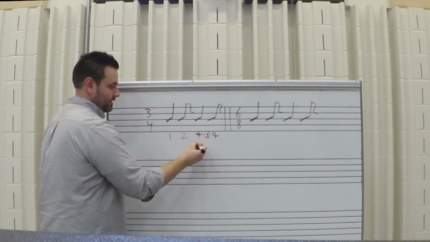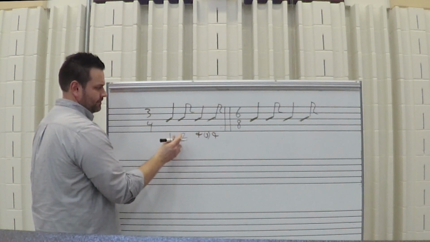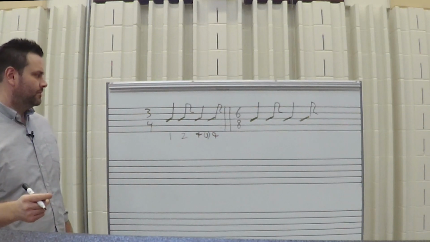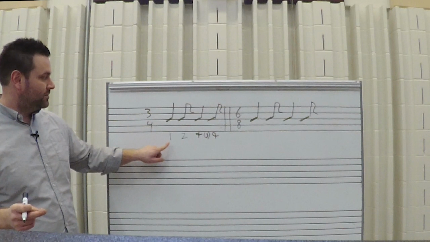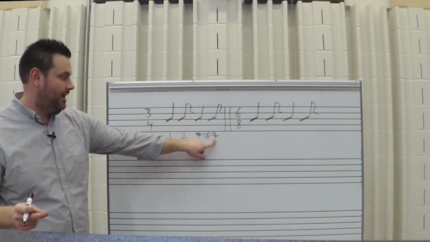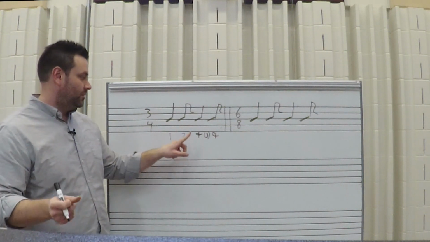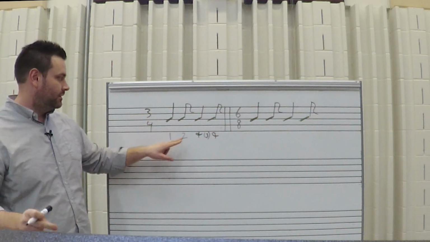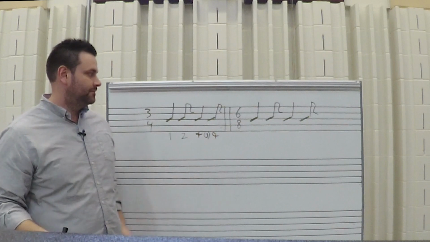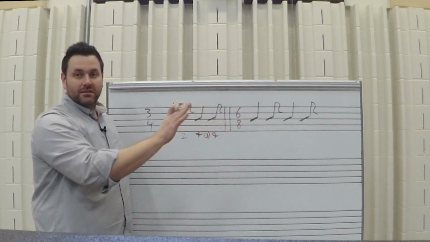I'll put our 3 in parentheses. All right, so the way we would count that is 1, 2, and, right? 1, 2, and. 1, 2, and.